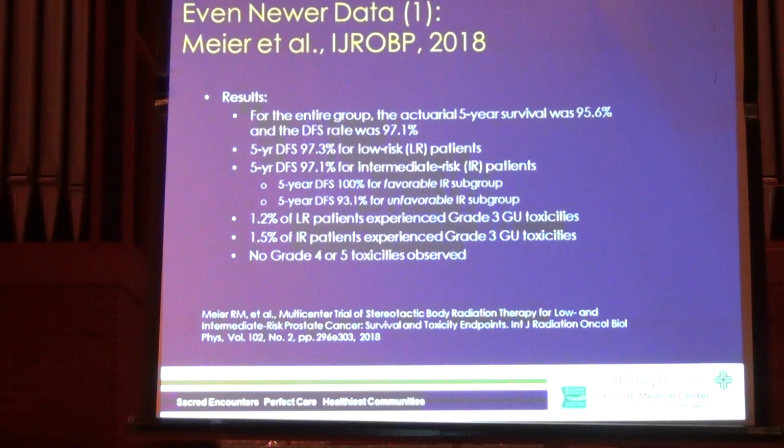These are numbers we see with prostatectomies where we don't have to remove the prostate. And when we started to look at favorable intermediate risk group patients that before was 85%, we're now at 100%. So that's not across the board, but we're looking at numbers 95 to 100%, with toxicity levels of 1 to 1.5%.